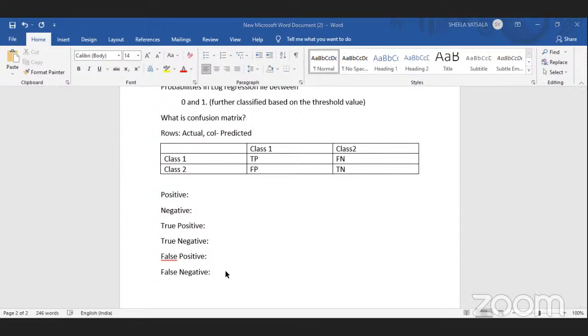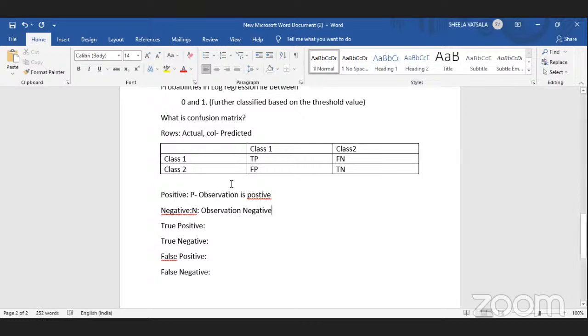Right. So when we say positive, we call it P, which means the observation is positive. Negative means the observation is negative.